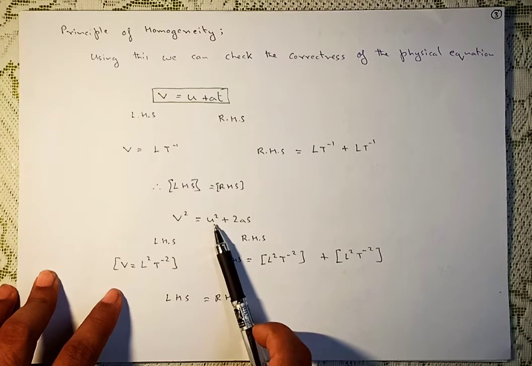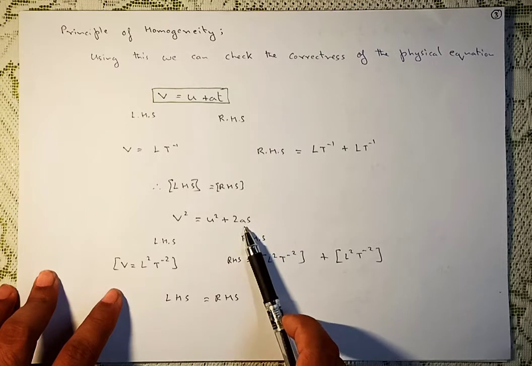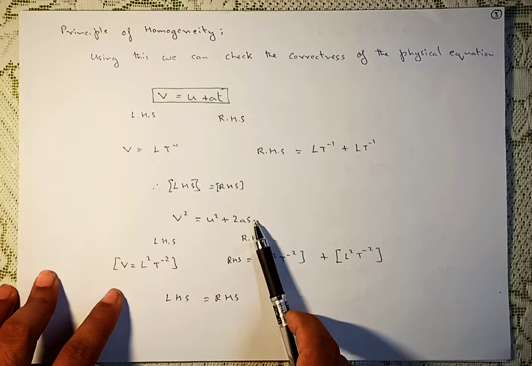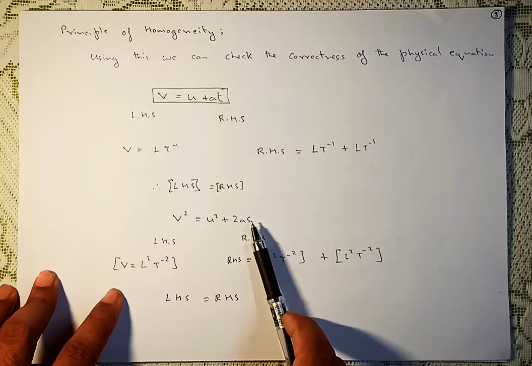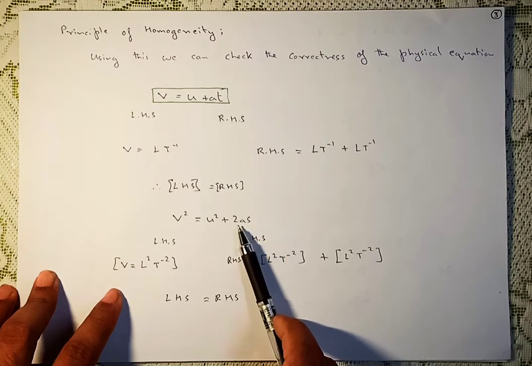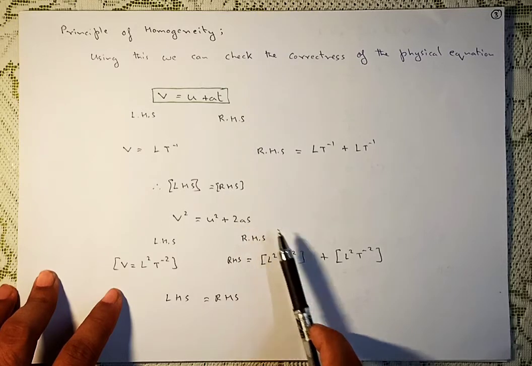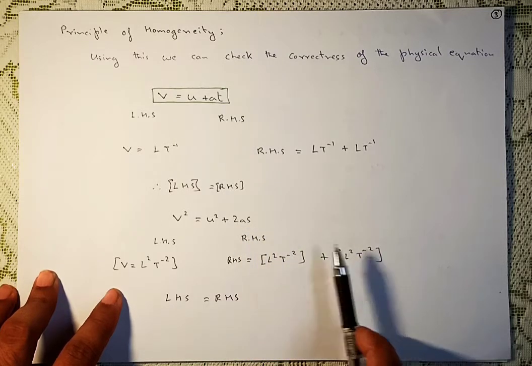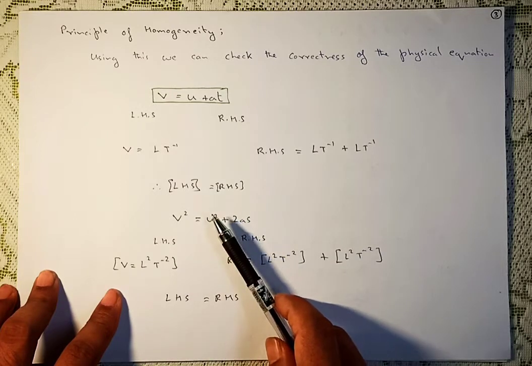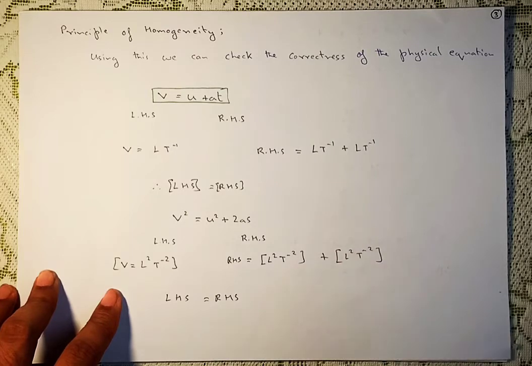This also has the same thing, L square, T to the power minus 2 square, whereas this has L, T to the power minus 2, and this has L to the power 1, because this is distance. So L to the power 1 and L to the power 1 get added up, therefore you get L square T to the power minus 2. So even this formula is dimensionally correct, since the left hand side is equal to the right hand side.